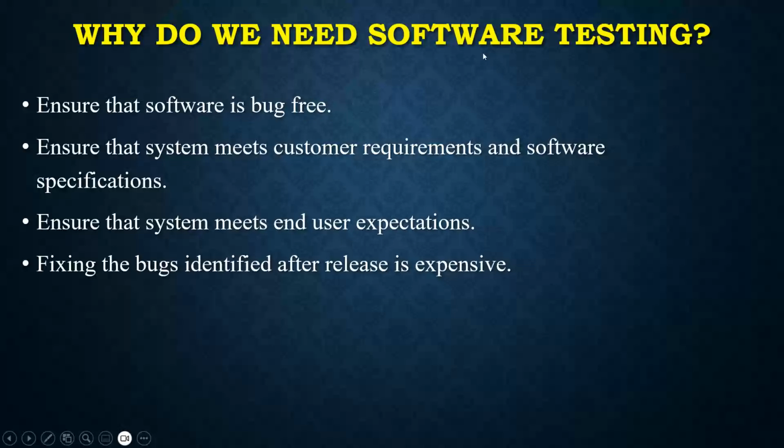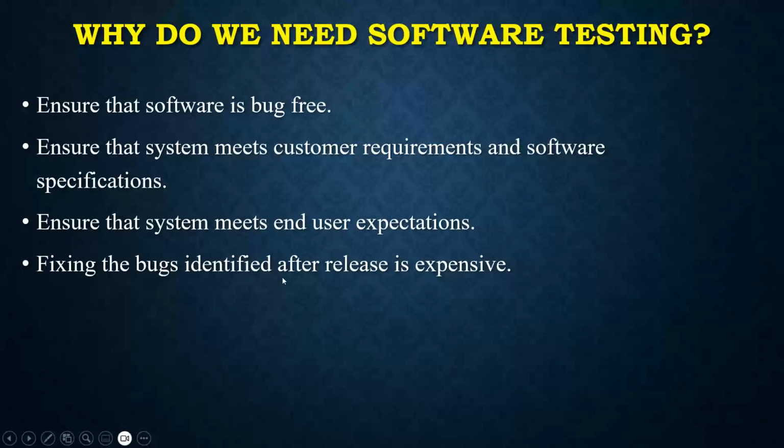Why do we need software testing? Your job is to identify the bugs, report those bugs to the developer, and see whether they fix the bug or code. And after fixing, you retest and you find that this function or this feature is working.